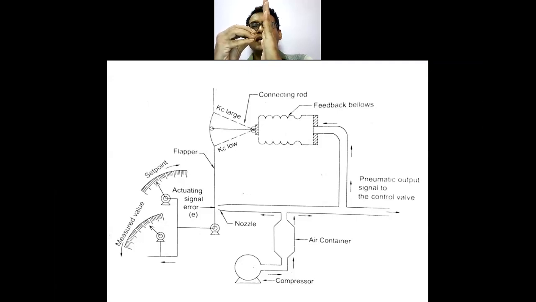So as I move the flapper towards the nozzle, a back pressure develops in the nozzle, and this developed back pressure, the pneumatic output signal, goes to the control valve.